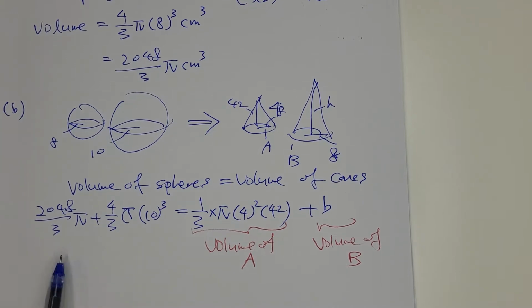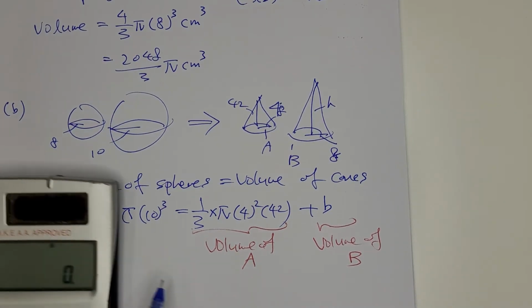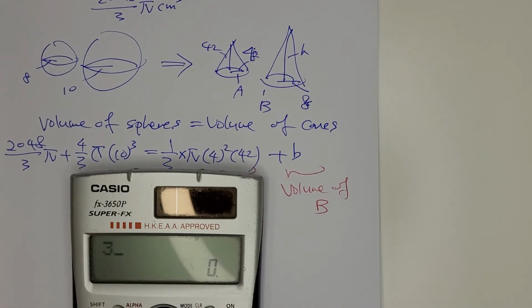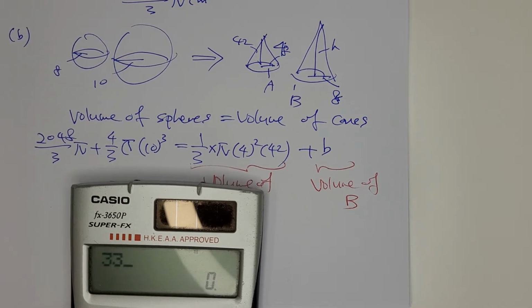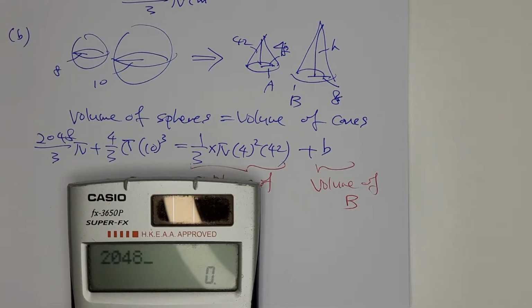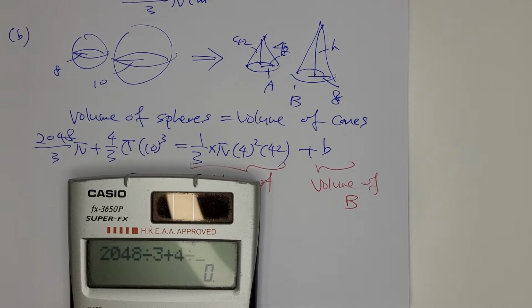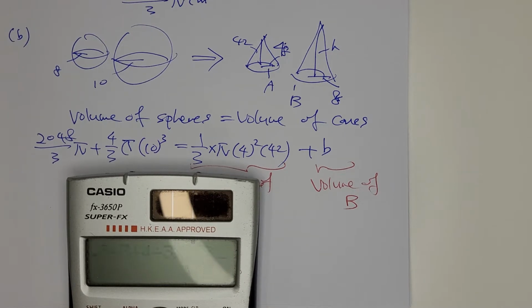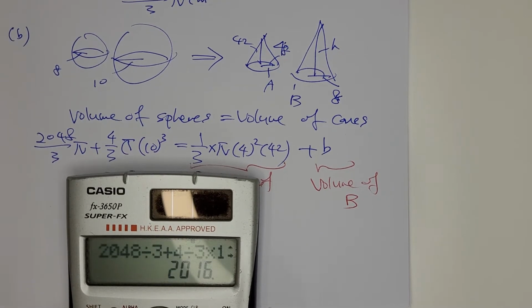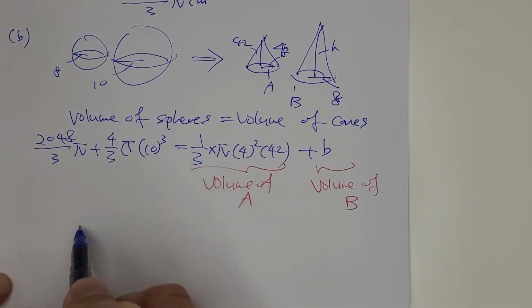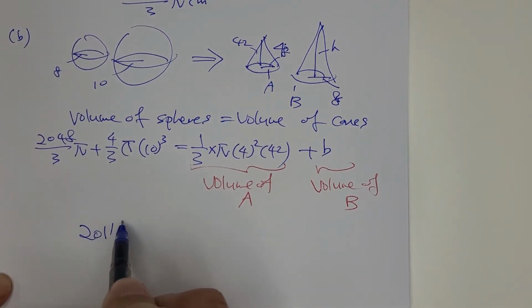So let's plug in the numbers here. 2048 divided by 3 plus 4 over 3 times 10 to the power 3, that's 2016. So the left hand side is 2016 pi.